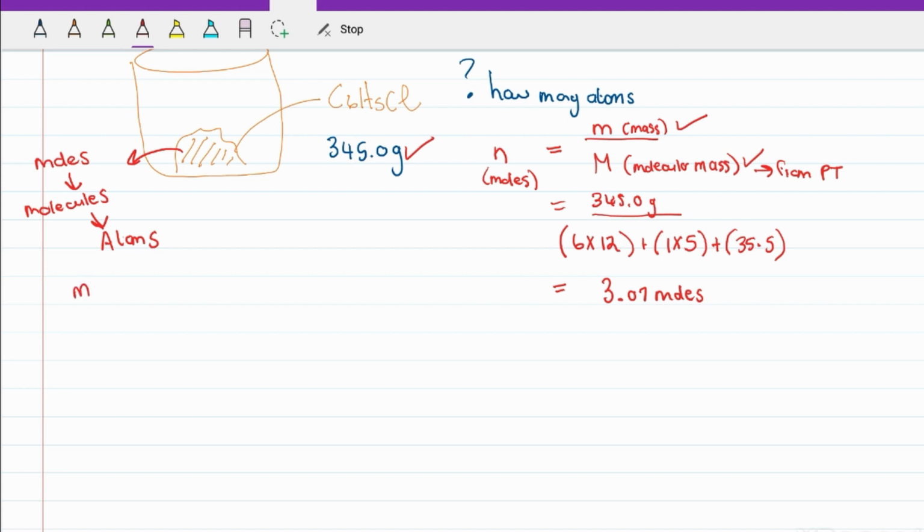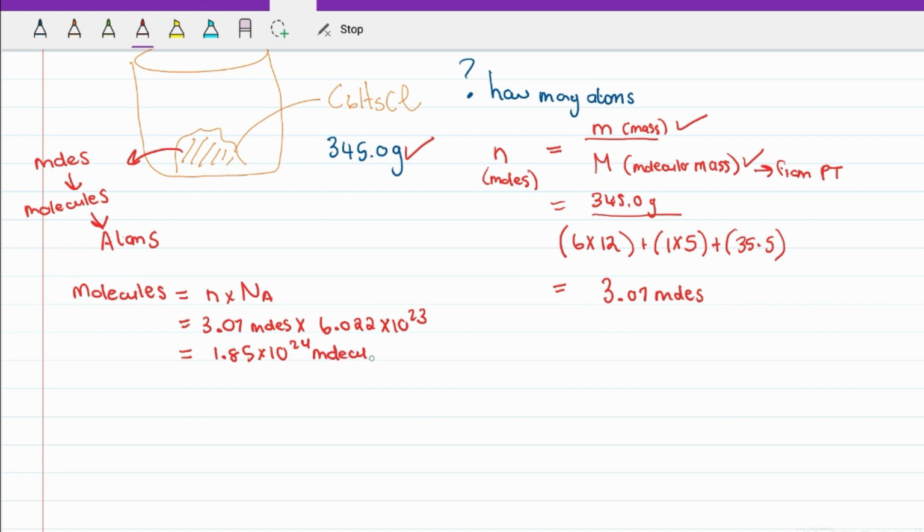To work out the number of molecules, this is where Avogadro's calculation comes into play. The number of molecules is equal to the mole times Avogadro's number. So the mole is 3.07 and Avogadro's number is 6.022 times 10 to the 23. If you work that out, you get 1.85 times 10 to the 24 molecules.